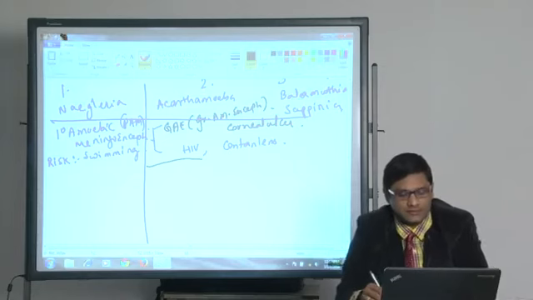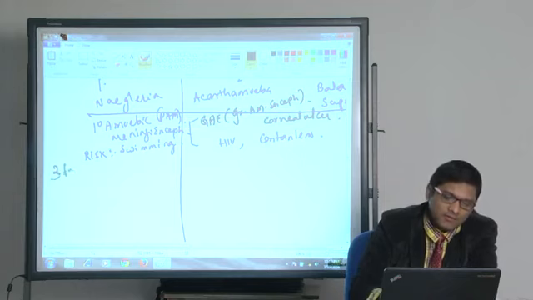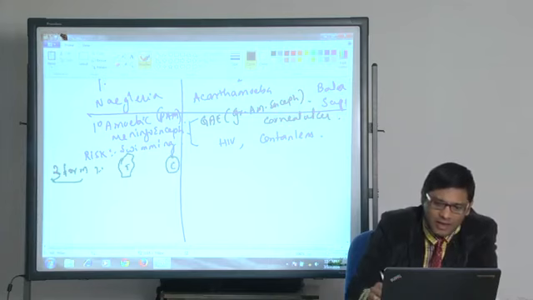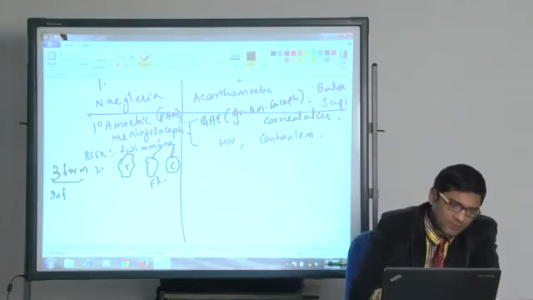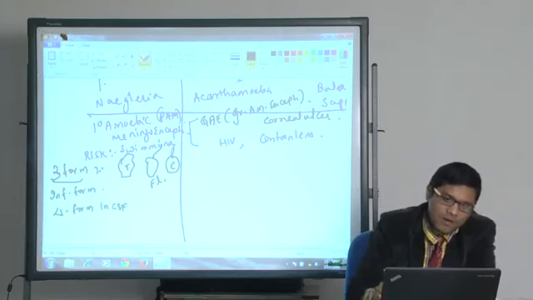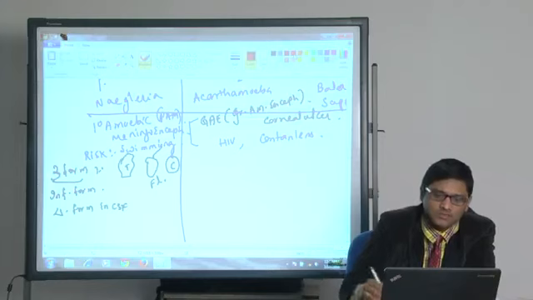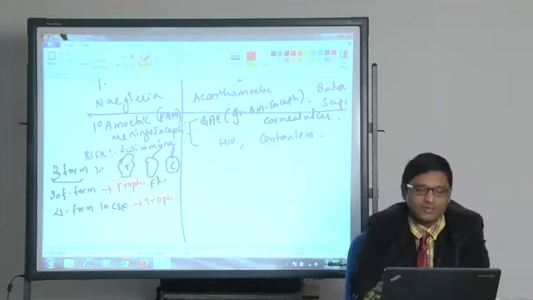Coming to other differences, Naegleria exists in three morphological forms: a trophozoite, a cyst, and a flagellated form. Among these, the infective form and the diagnostic form in CSF are both trophozoites.